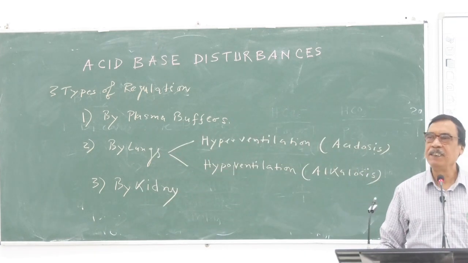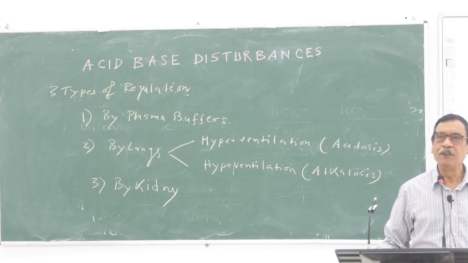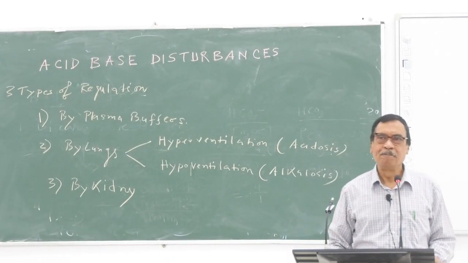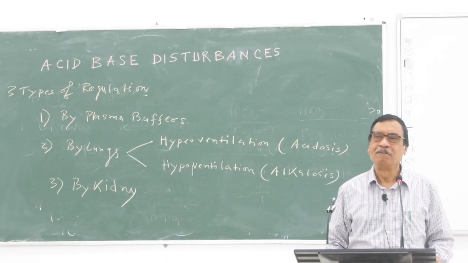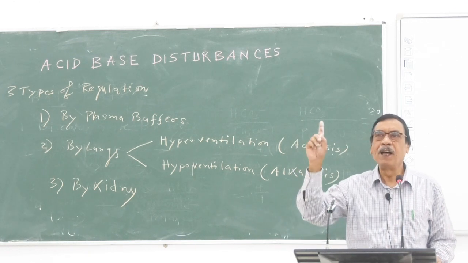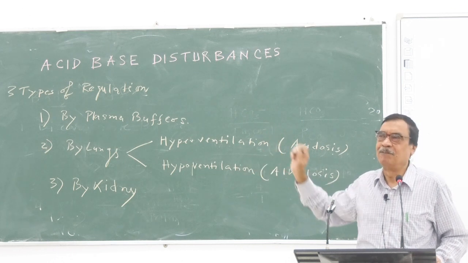How the kidney regulates blood pH, I have described in three ways. During acidosis, there is acid secretion. Acid secretion means acid comes from the blood to the renal tubule, to the renal tubular lumen.